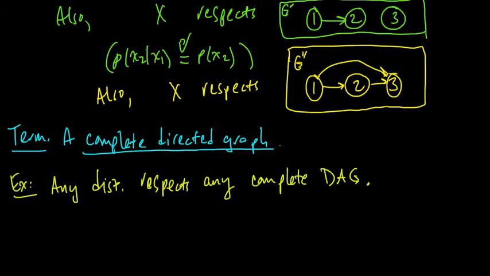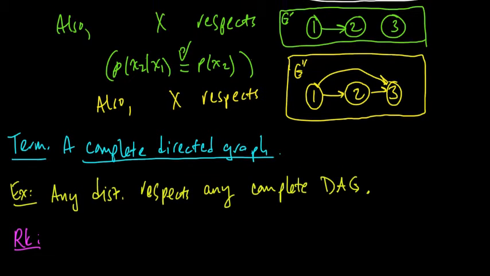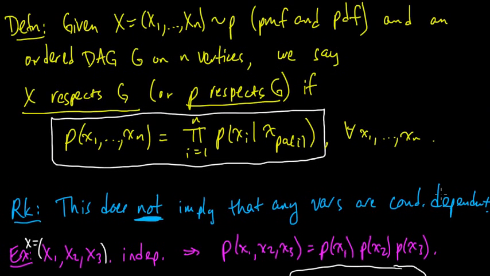Continuing with a couple other remarks here about this definition. Remember, we had x as this vector of random variables x1 through xn, and I didn't really say whether these are one-dimensional, or maybe each of these could be vectors.